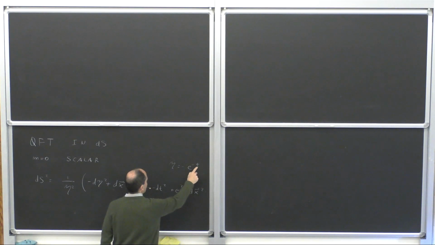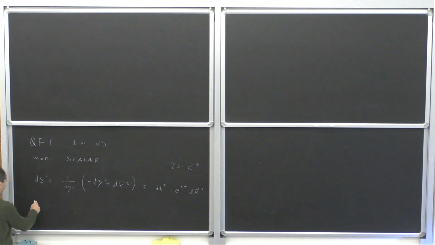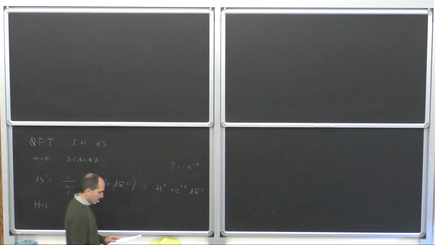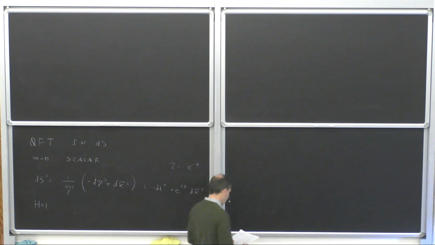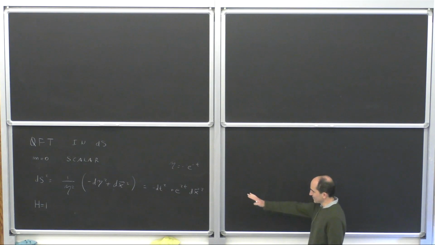So as we go to large times, eta goes to 0. And I'm going to be setting H to 1, so we'll restore H at the end of the formulas. So that's the metric. That's the space in which we'll do physics.